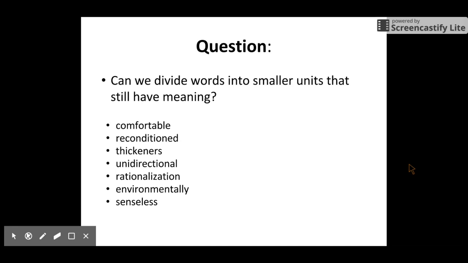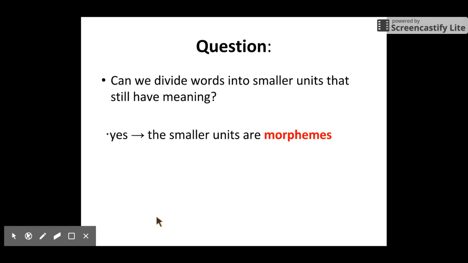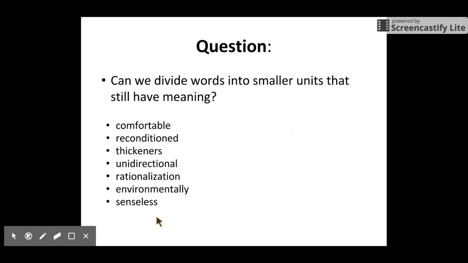So the first question is, can we divide these words into smaller units that still have meaning? Which means, can we break comfortable into smaller pieces, and the smaller pieces still have meaning? Yes or no? The answer is yes. For example, we have comfort and able.